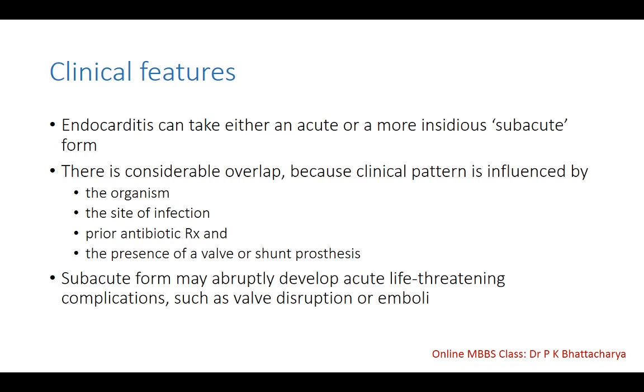Or the valve which was affected might break down, which will lead to acute regurgitation of that particular valve. So these are acute life-threatening conditions which may complicate a subacute variety. Subacute does not mean it's a smooth sailing problem. It may lead to acute life-threatening complications like in acute infective endocarditis.